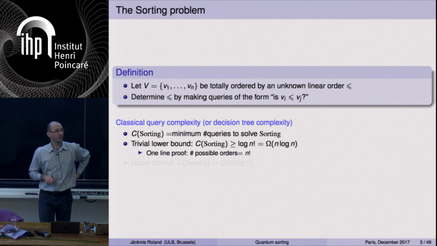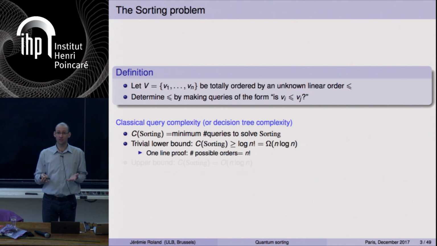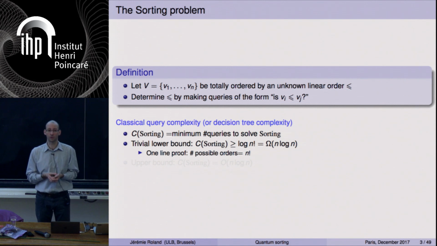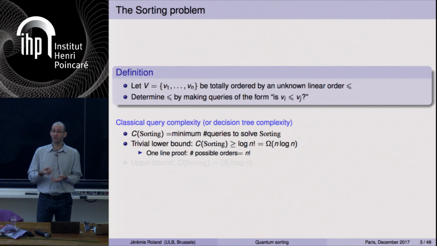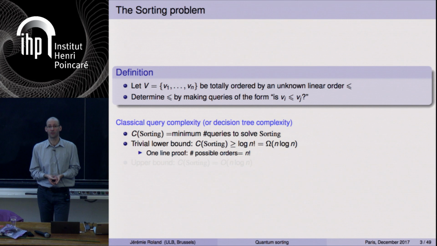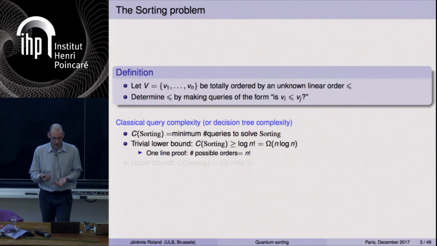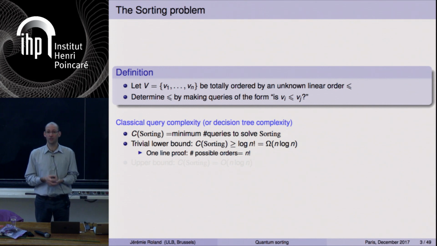There are n factorial possible total orders for n elements, that is, n factorial possible permutations. Each time you perform a query, you get essentially one bit of information about this total order. So the number of queries you need to make is the logarithm of the number of different answers you could get, so the logarithm of the number of permutations. You get log of n factorial, which is n log n.